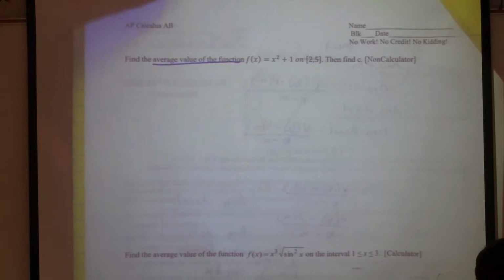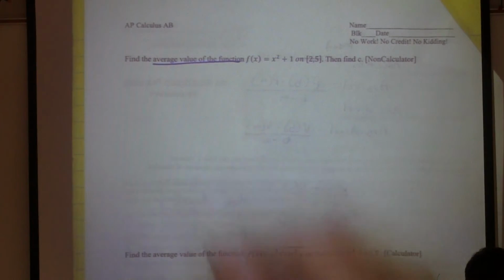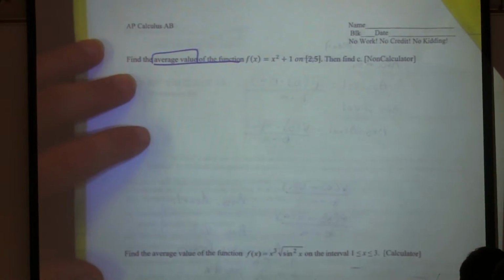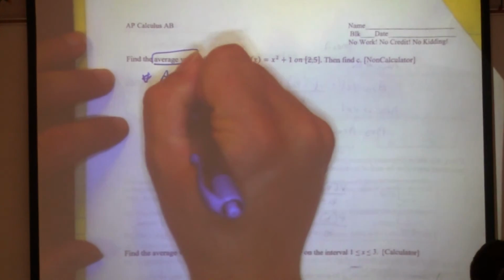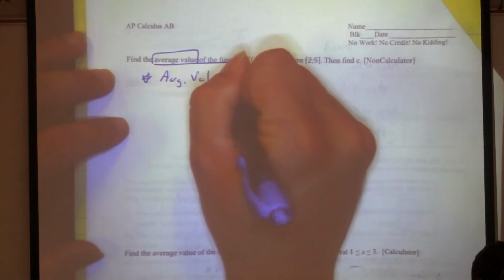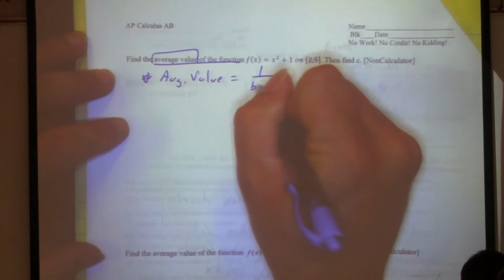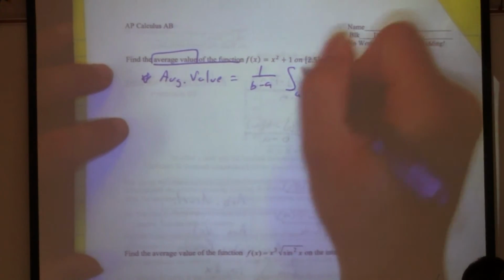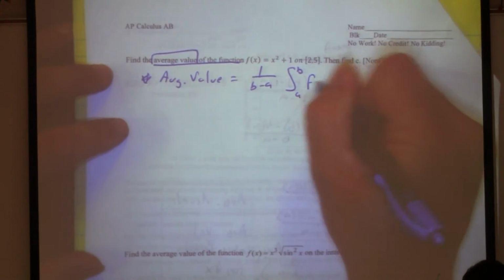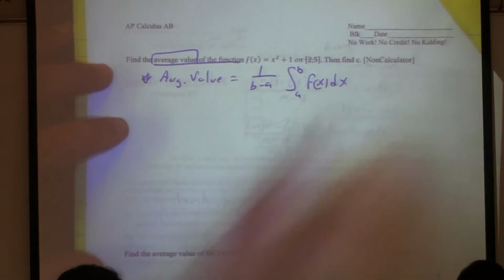Alright, so average value of the function. How do I find average value? That should be the key word. Boom. And you gotta remember the formula. Let's write down the formula: 1 over b minus a times the integral from a to b of f of x dx.